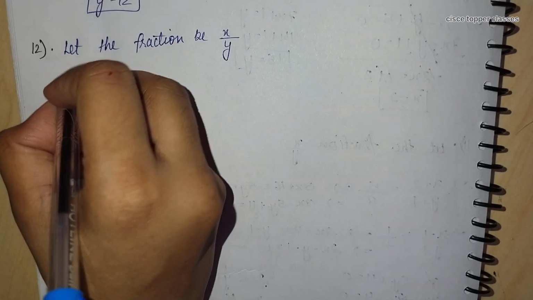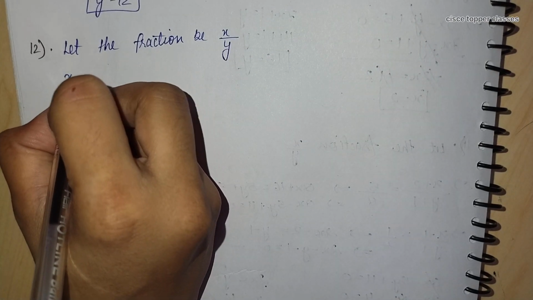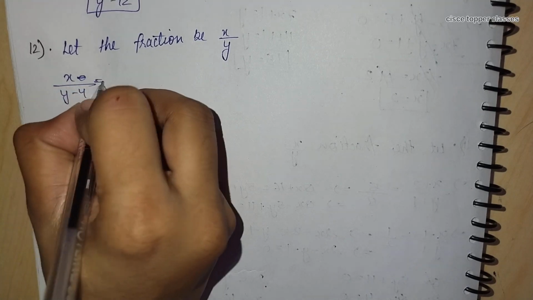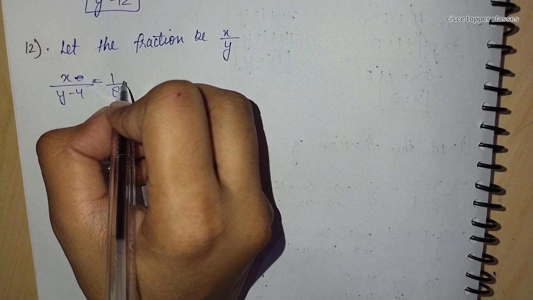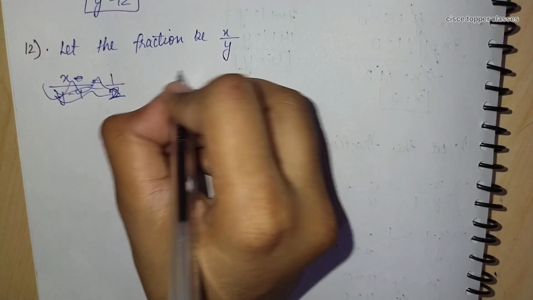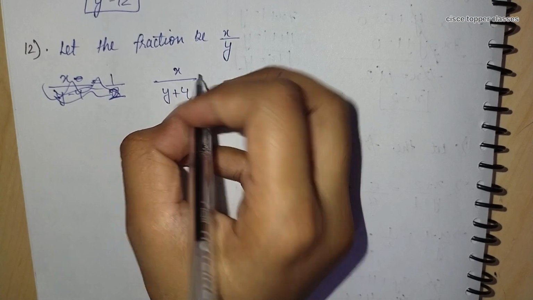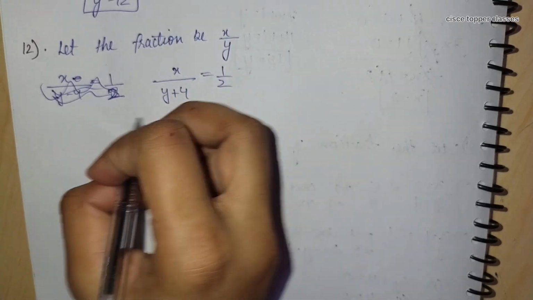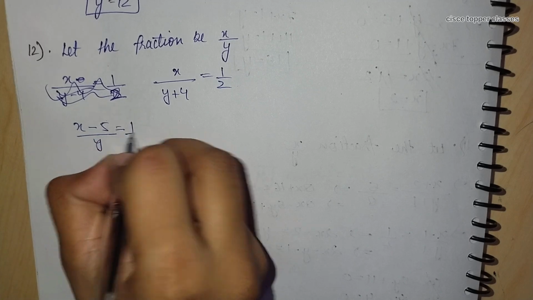So here x by y plus 4 we have to get. If the denominator is increased by 4, we will get 1 by 2. And if the numerator is diminished by 5, we will get 1 by 8.